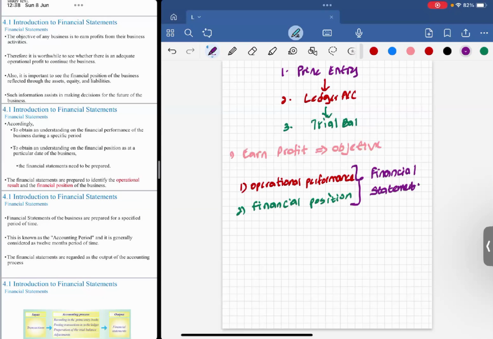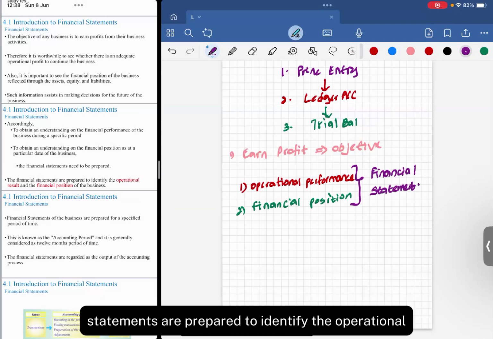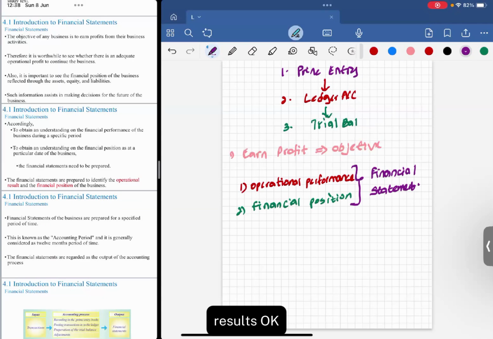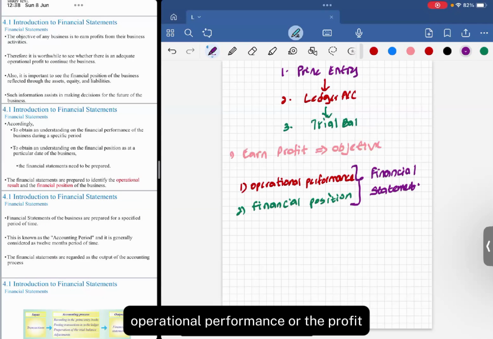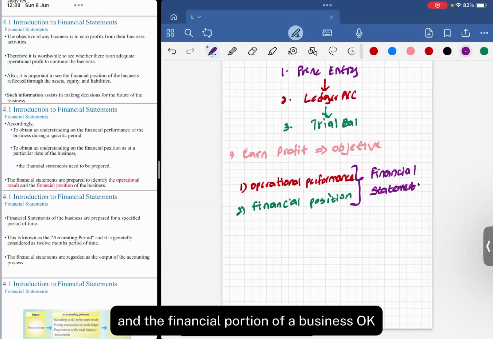Financial statements are prepared to identify the operational performance or the profit, and the financial position of a business.